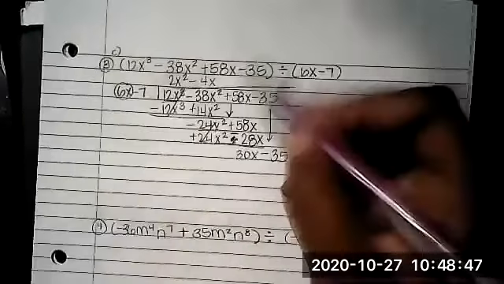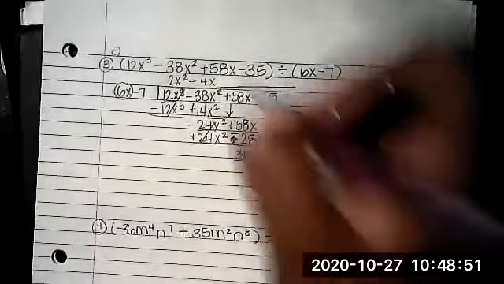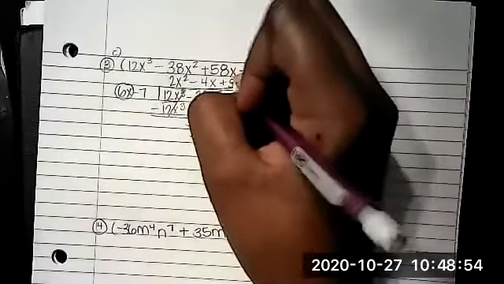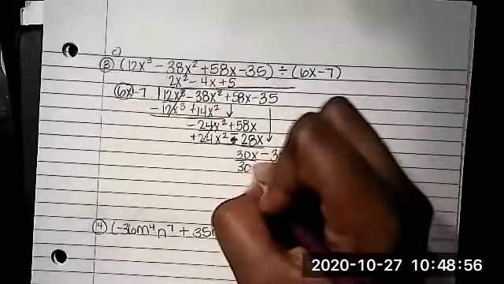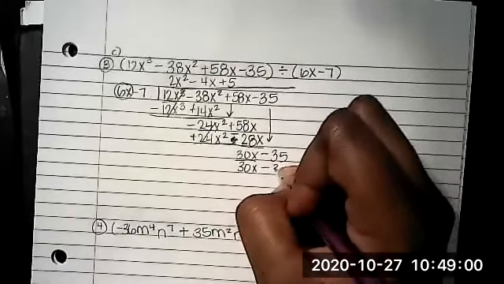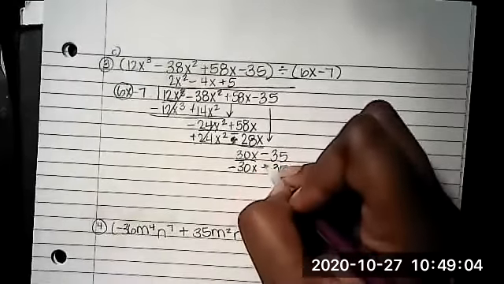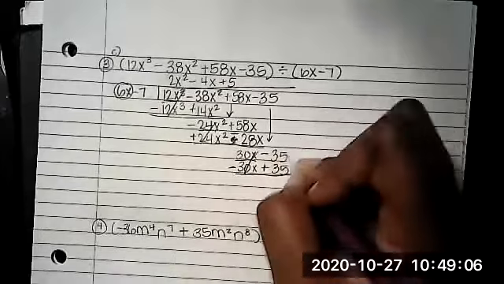So now what do you have to multiply by 6x? That'll give you 30x, positive 5. 5 times 6x is positive 30x. And 5 times negative 7 is negative 35. Change the sign, make that plus, cancels out.